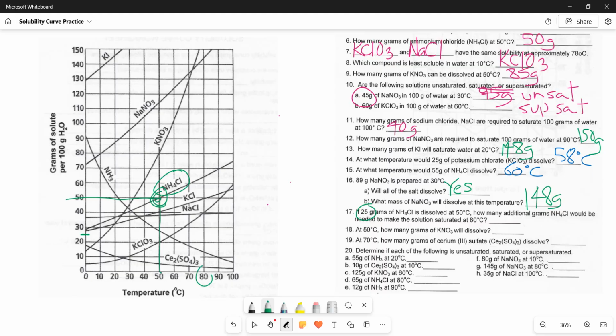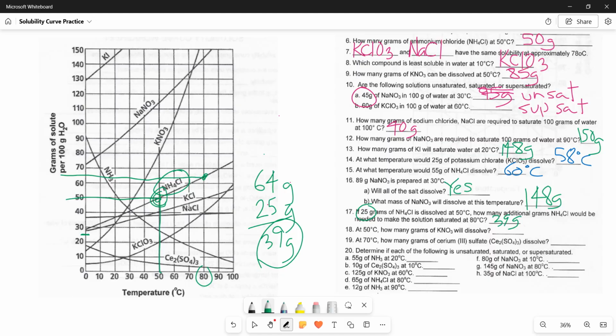So if we come over here to 80 degrees and come up to this line at 80 degrees, let's see here, we can fit about 64 grams at 80 degrees, but we already have 25 grams in the solution. So that means that we're going to have 9 and 2 from 5, 39 more grams that we can dissolve in that solution.